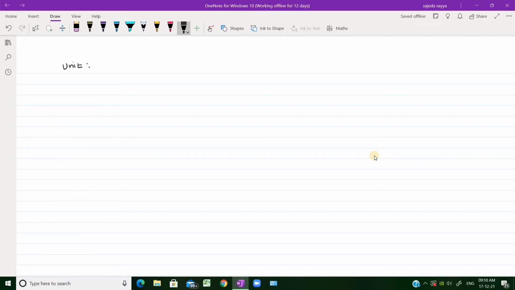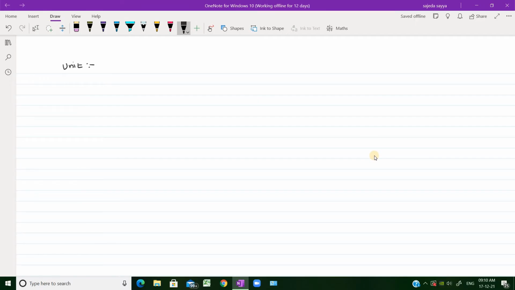Let us consider if we want to buy sugar from a shop, then how do we ask the shopkeeper? We say we want this much kilogram of sugar, right? So this kilogram is a standard which is used for the measurement of any mass, and that is the same all over the world.